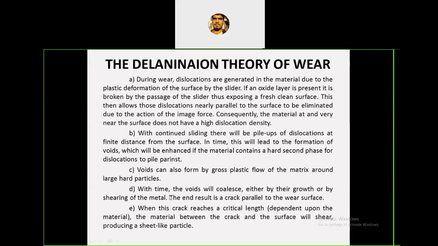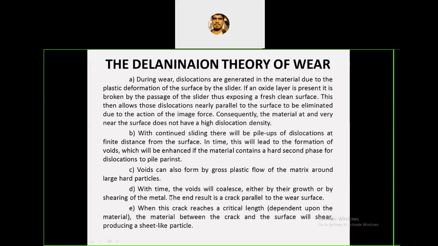Clear? And the third step is crack propagation. Nucleation or initiation means a small void becomes a crack source. The third point is that the source will start propagating and increasing.